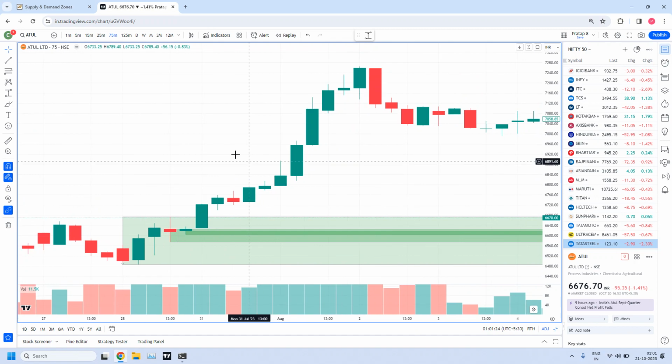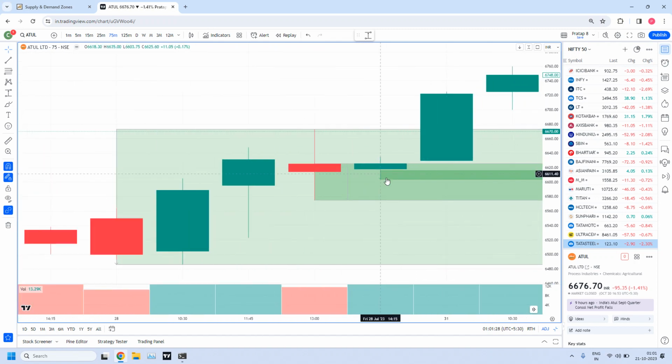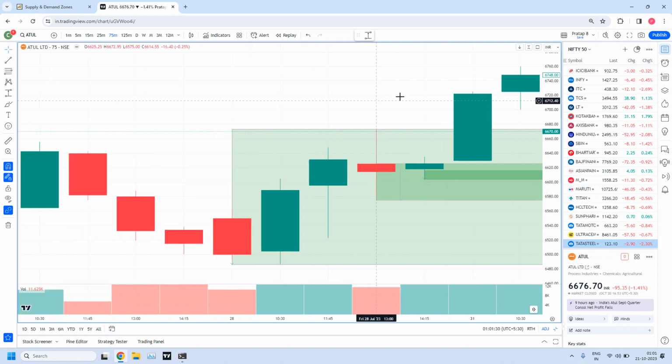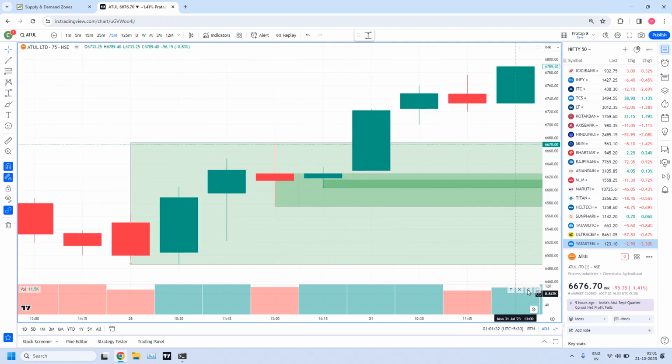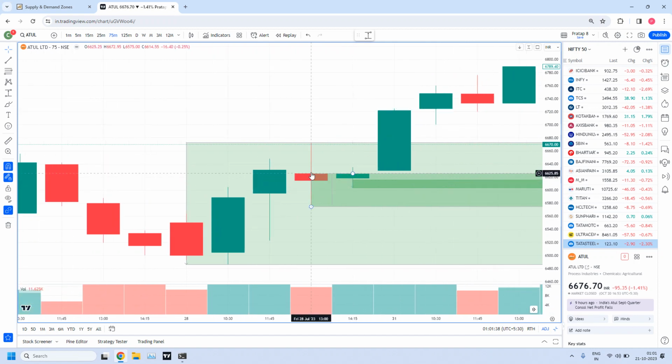So what I did, inside, again I fine-tuned to the 15 minutes level, to minimize the risk. Why to minimize? Because I felt it is huge, the depth is more.